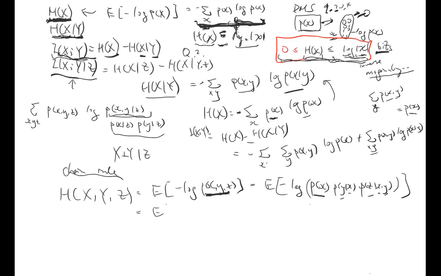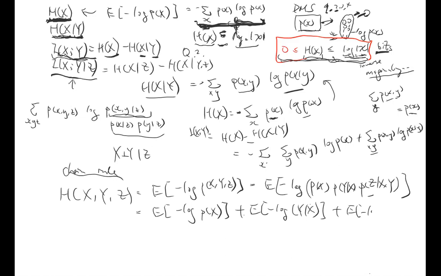So then this, of course, I can rewrite as the expectation of minus log p(x), plus the expectation of minus log p(y given x), plus the expectation of minus log p(z given x,y). So this guy will be just H(x), and this guy will be H(y given x), and this guy H(z given x,y).